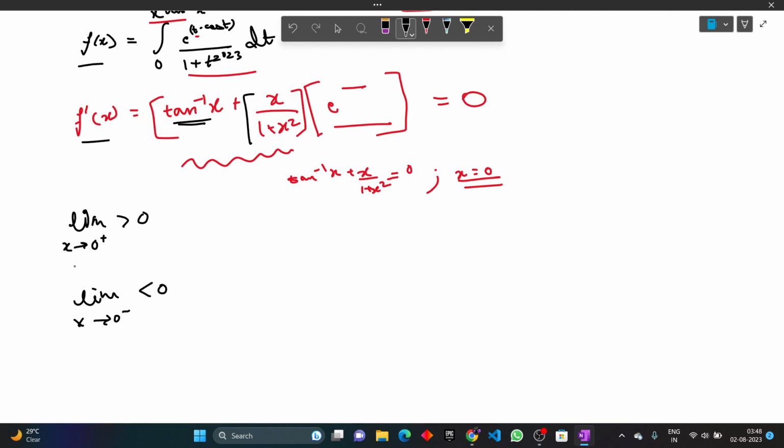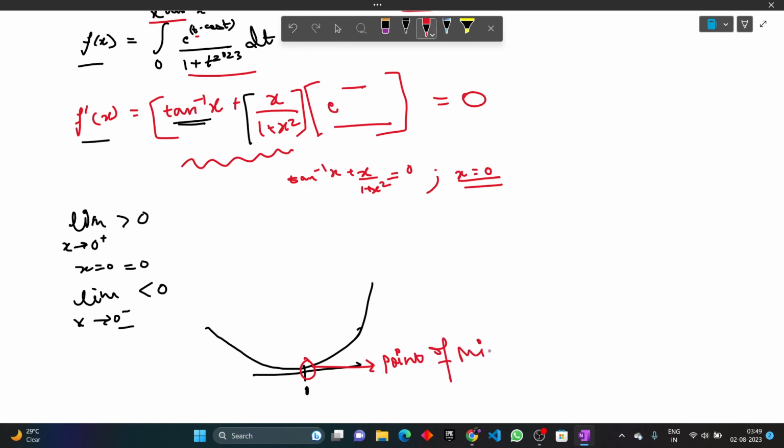And at x is equal to 0, it is equal to 0. So the graph is something like: below 0, this is negative, then at 0 it becomes 0, and after 0 it becomes positive. So as you can see, this is the point of minimum at x is equal to 0.